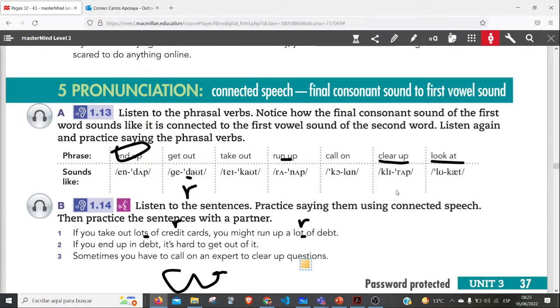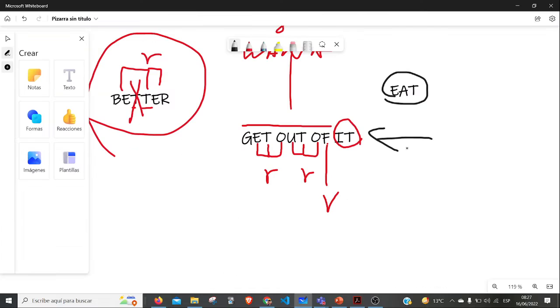No, incorrect. We pronounce it, because it means comer. When you say it, you're saying comer. This is it. Can you pronounce it? That's one, okay?